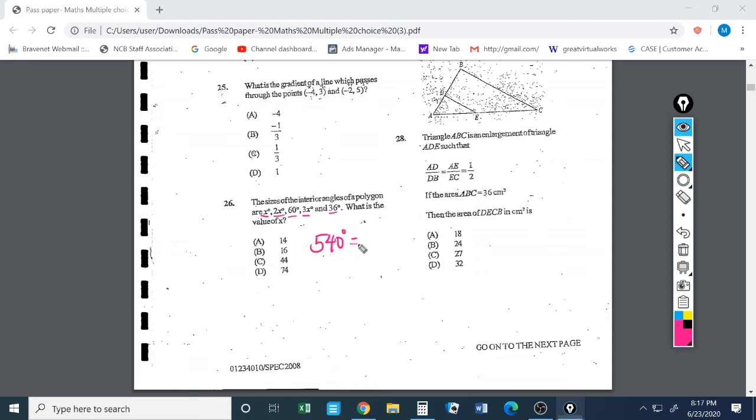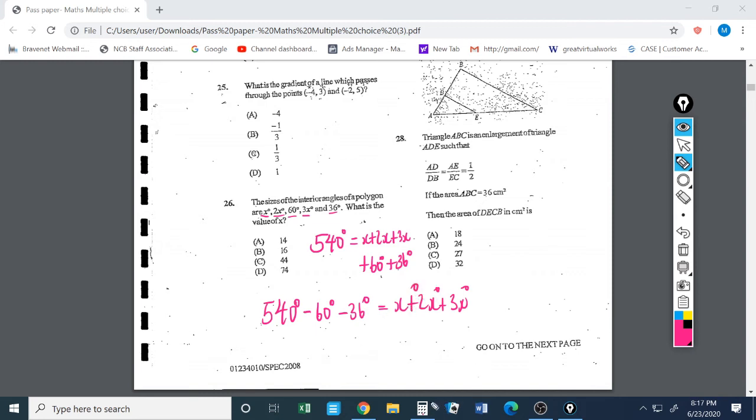This would be equal to x plus 2x plus 3x plus 60 degrees plus 36 degrees, right? So 540 degrees minus 60 degrees minus 36 degrees is equal to x plus 2x plus 3x in degrees.